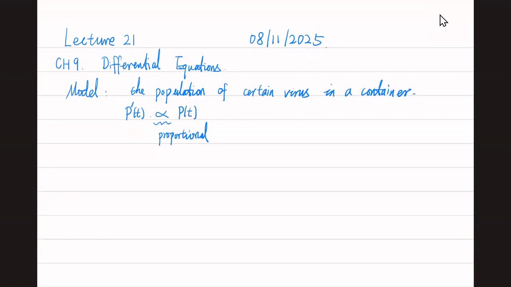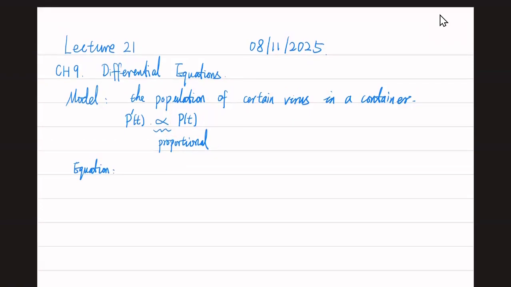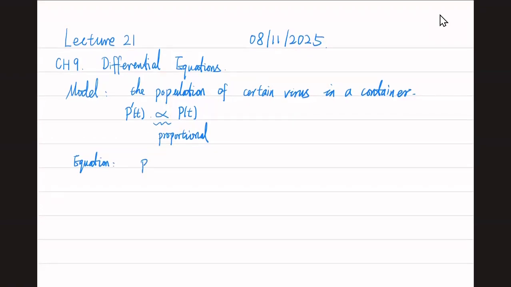But our first model is the more virus we have, the faster the population grows. We have an equation. The proportional, so the derivative with k.